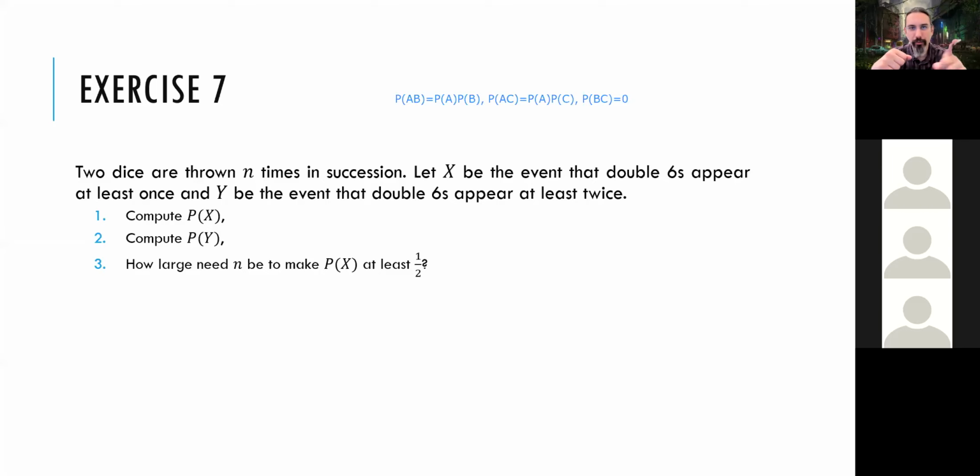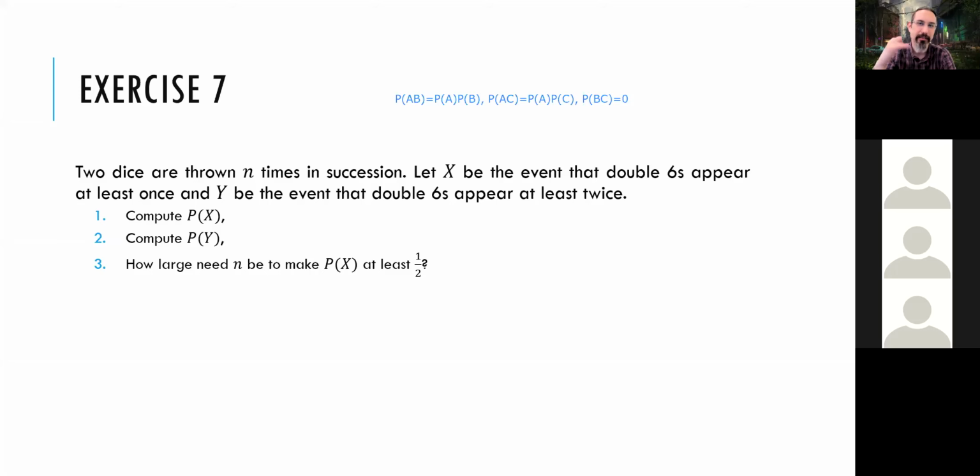We need to pick one of the rows and make sure that this is where the double sixes appear. So it's the combination of 1 out of n. And then we find the probability of getting that double six, which is 1/36, one time. And then we have n minus 1 times no double sixes, (35/36)^(n-1).